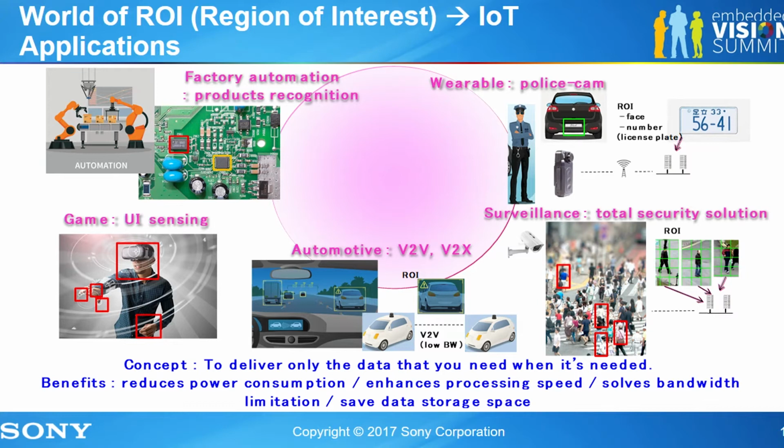Another one is a wearable camera, police camera, or body camera. They also don't need to deliver the whole image. Their interest is a specific region, like a license plate or a criminal's face, and those images should be delivered to the server and processed. A similar case is surveillance, but in this case we will have a bunch of ROIs, in this case windows.